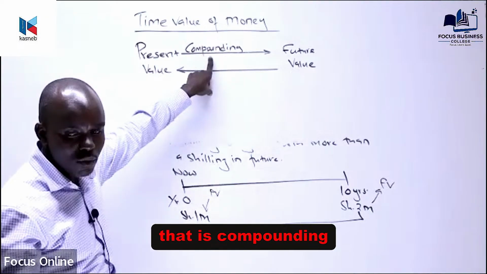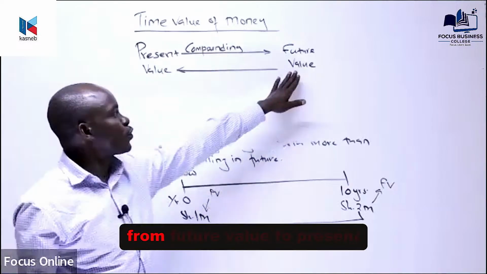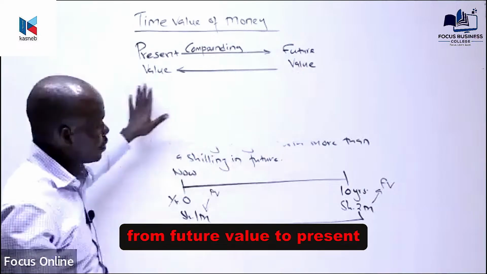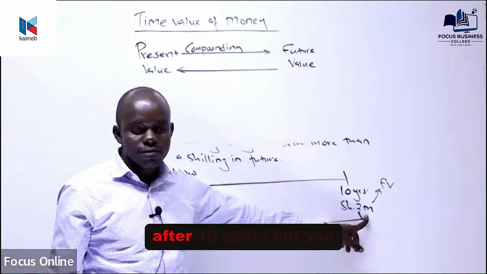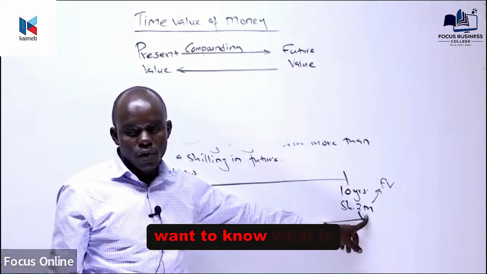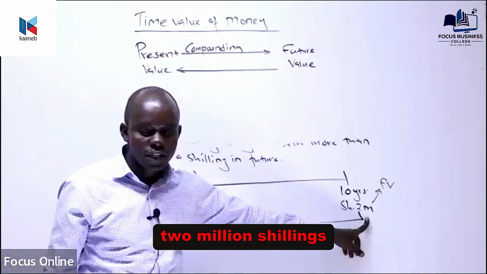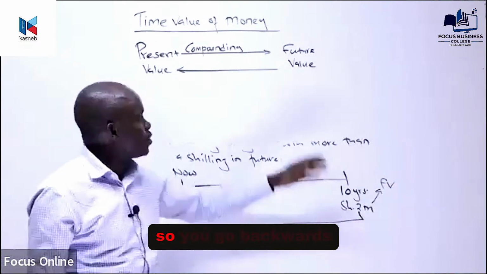The other one, we are moving from future value to present value. Like in this case, you're being given 2 million shillings after 10 years, but you want to know the worth of 2 million shillings 10 years to come. So you go backward.